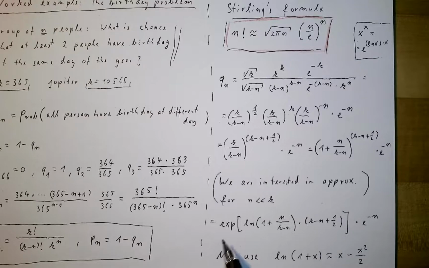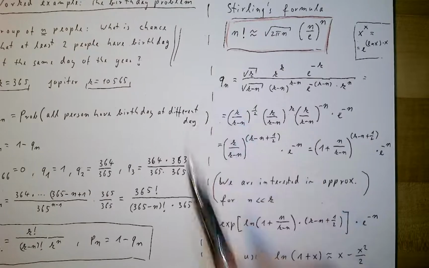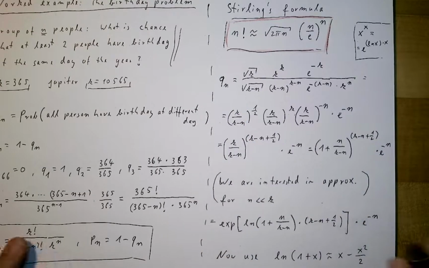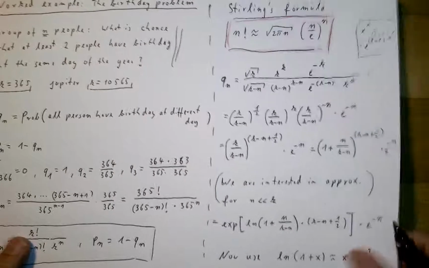Maybe first, in order to save us space in writing, I will now always work with the terms here, and then always have to write exponential of something. To make everything simple, for the moment I calculate log of q, and then this exponential goes away. So what we do now, we look at what is the log of q.